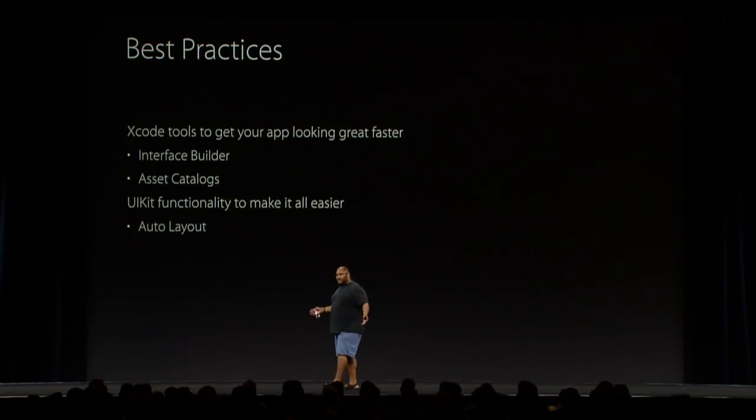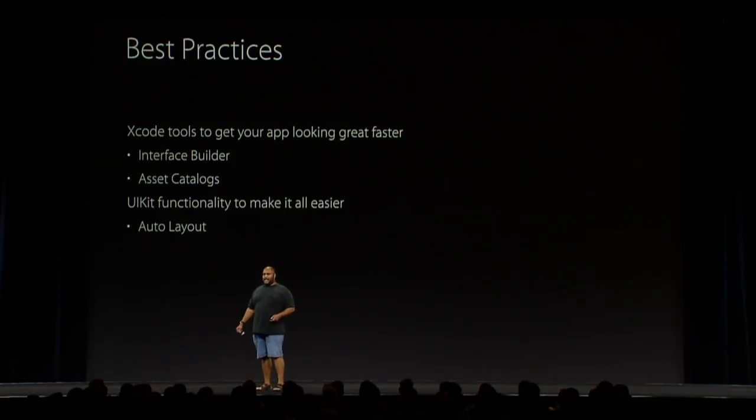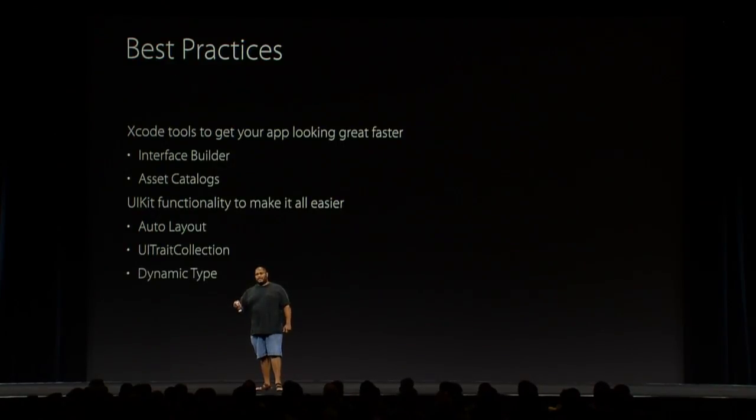We've been talking about auto layout for many years. There are many sessions on it. You should go review those. And of course, there's a session later today on new things in auto layout. And trait collections were reviewed in the first half as well. But other things are dynamic type, which allows your application to adapt to the font size that users want to use.